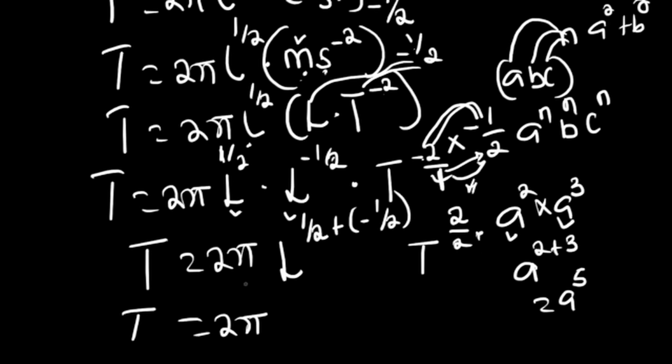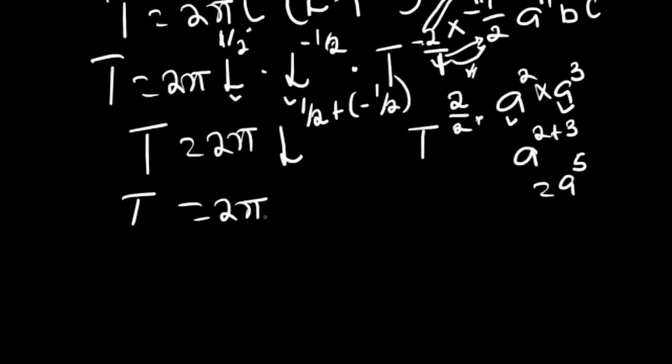Okay? Now let's continue. Right here we have L. A positive times a negative gives you a negative, hence we shall have 1 over 2 minus 1 over 2. And we're also left with our T. Correct.